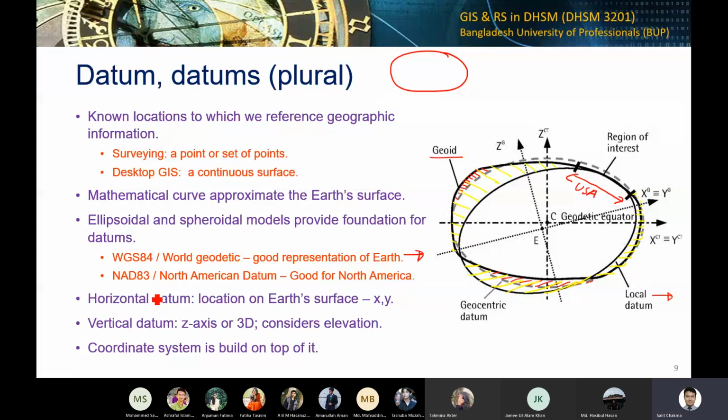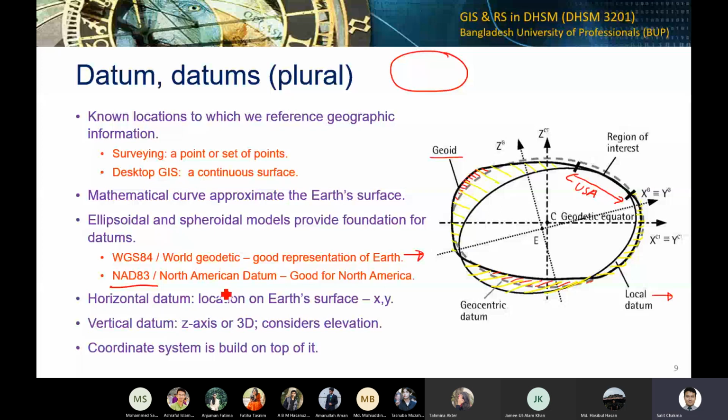One quick example is NAD 83. It's very good for North America, but if you start to find locations in Europe or even Bangladesh, you will find that you are moving away from the actual locations. So it will give you significant errors at locations other than USA.